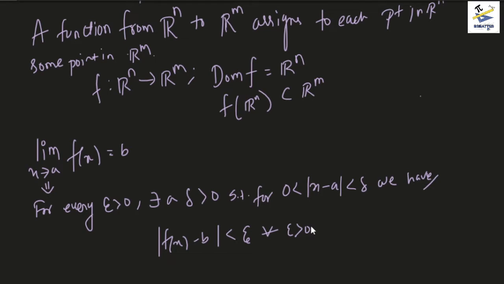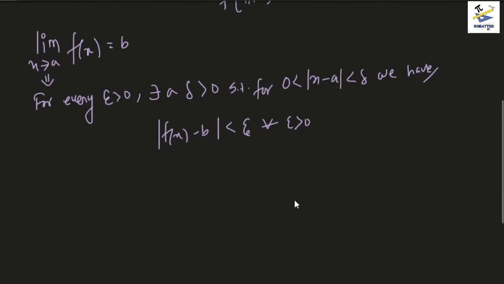Now in the multivariable case, we shall find that there are many ways to find out if a function is continuous or not. So we will be trying to state them one by one. So let's see the first one.